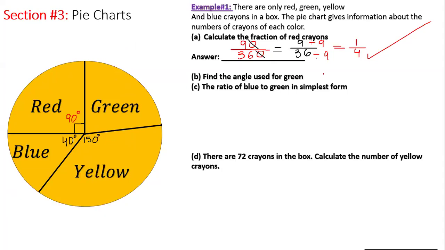Let's go ahead and do that. So we say 360 minus the sum of what? 90 plus 40 plus 150.